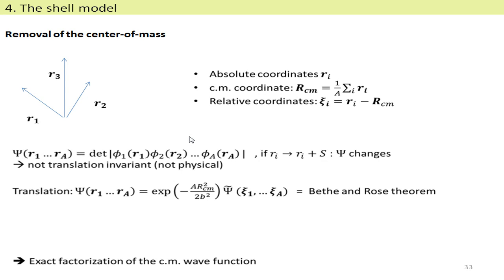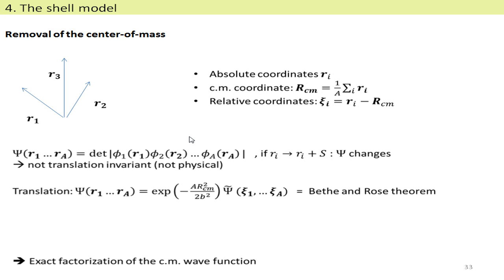This is what is called the center of mass problem. It means that if your wave function is here or there, they are different. And of course, this is not physical. The wave function must be translation invariant. It should not depend on the center of mass.